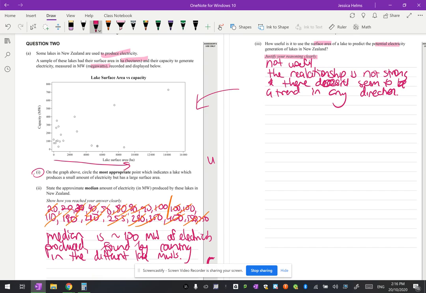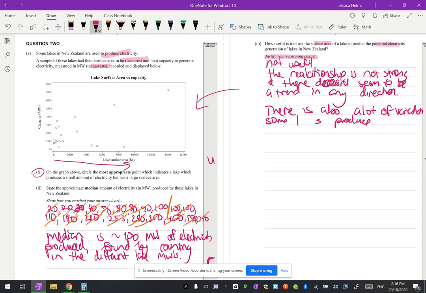Okay, so there's also a lot of variation. Some dams produce, not dams, are they?